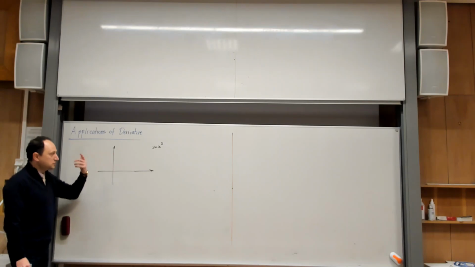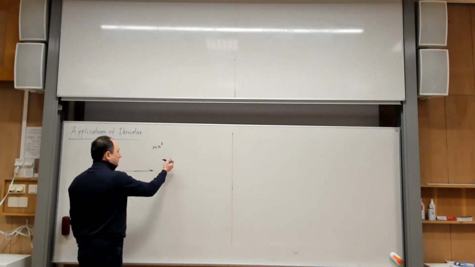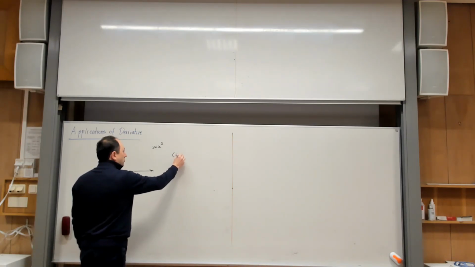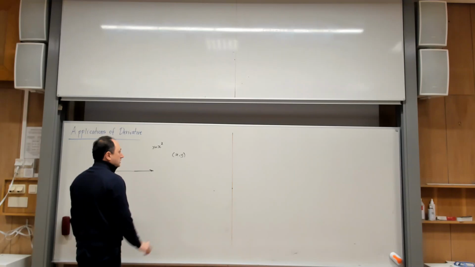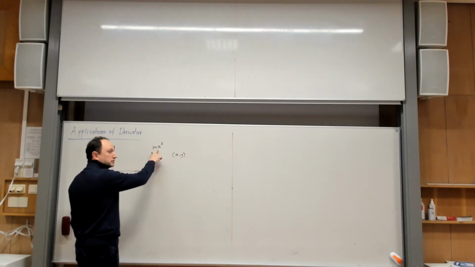In principle, I want you to understand what the meaning of the graph of a function is. It is the set of all possible pairs x and y so that these two numbers satisfy the equation of the function.